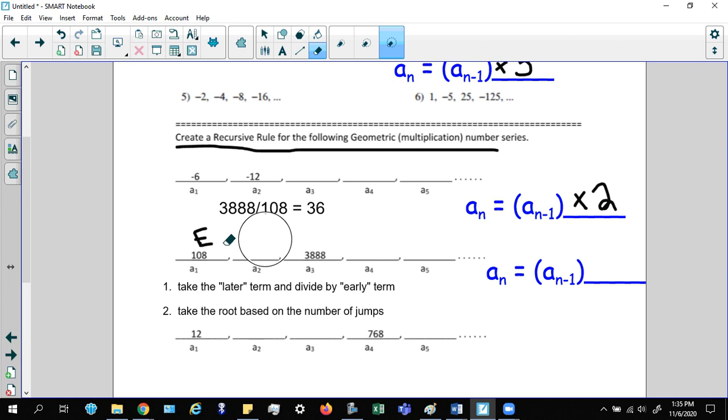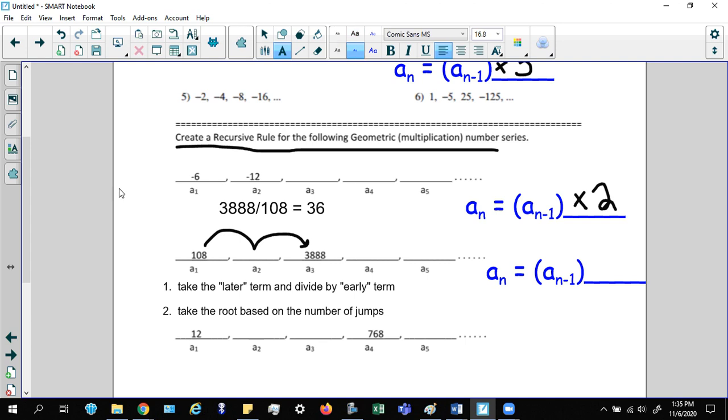So think of it like you're on A1. Think of it like you're a frog. I'm on A1, I want to get to A3. So I'm going to have to hop one time. That's one jump. Hop again. So that's 2 jumps. So what I did was I took 2 jumps, which means I'm going to take the square root.